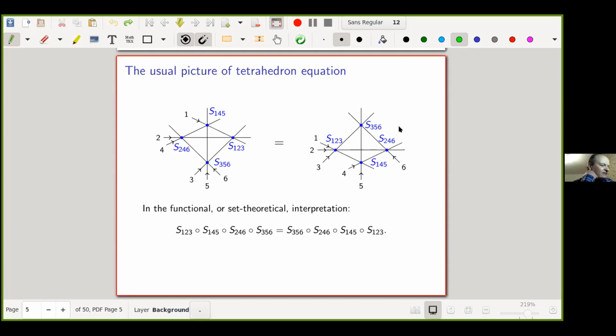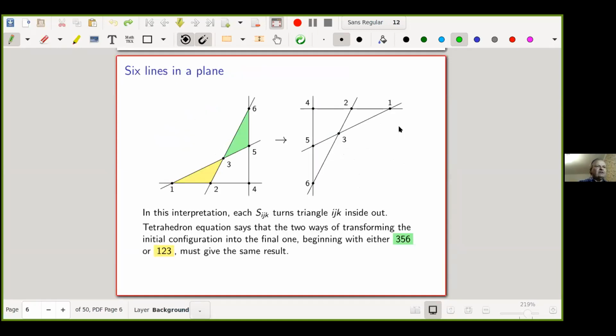I said something about birational, but they actually may include something such as square roots, and there might be some singular points. Okay, then go to the next picture.